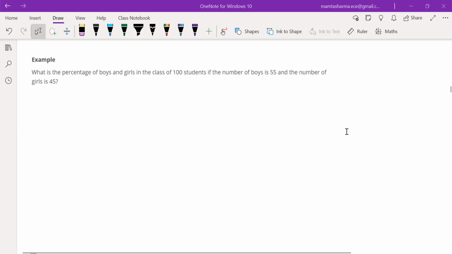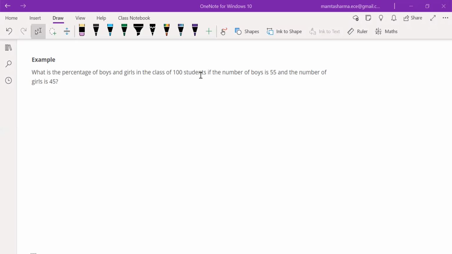Yes, Ritvik. Ma'am, 55 plus 45 into 100. No, Ritvik, what are you going to do? Convert into percentage.